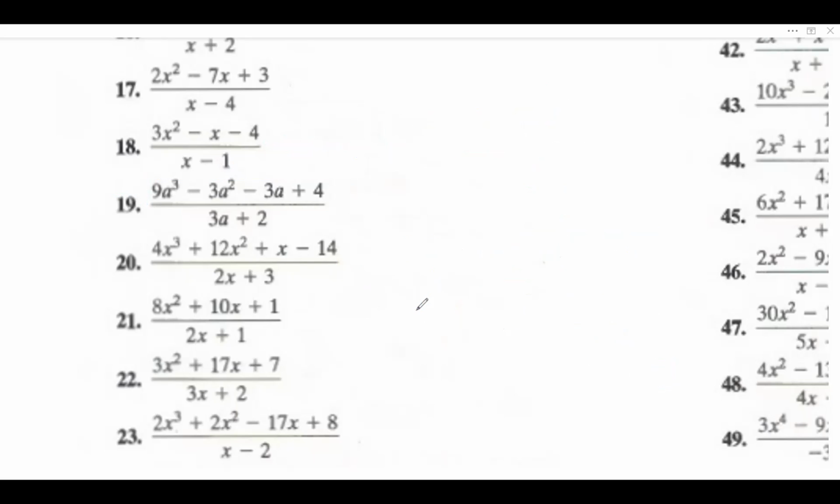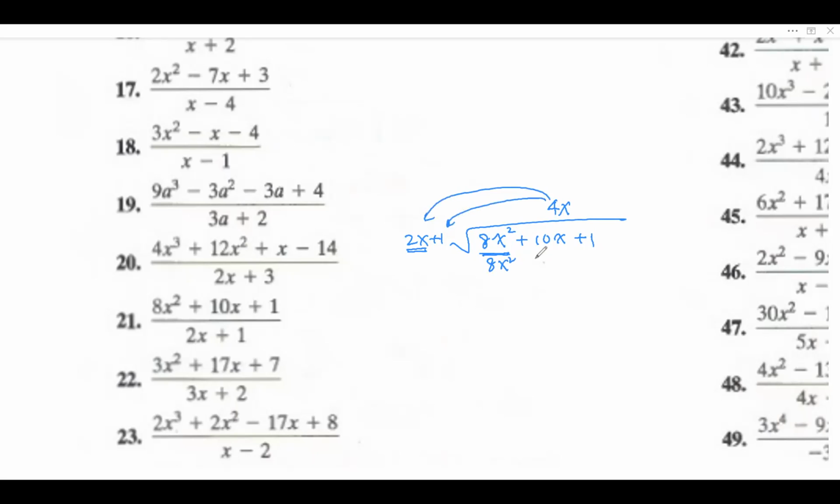See 21. So the same thing. 4x squared plus 10x plus 1 divided by 2x plus 1. They are in sequence already, so we don't need to do anything. So first thing, we find a term times this one that can exactly match this one. It's 2x, right? So you go to 4x squared. X squared comes from here, right?